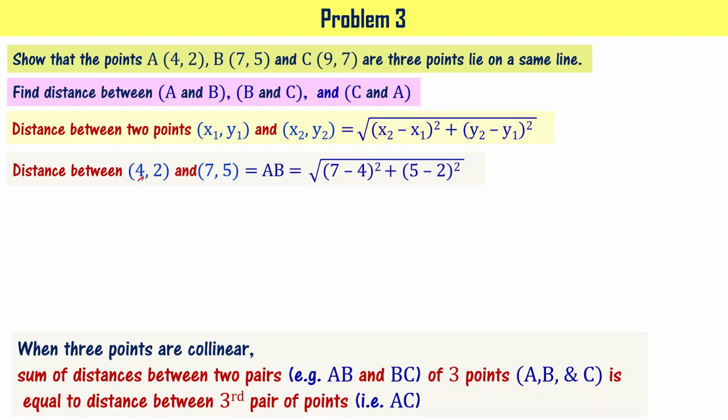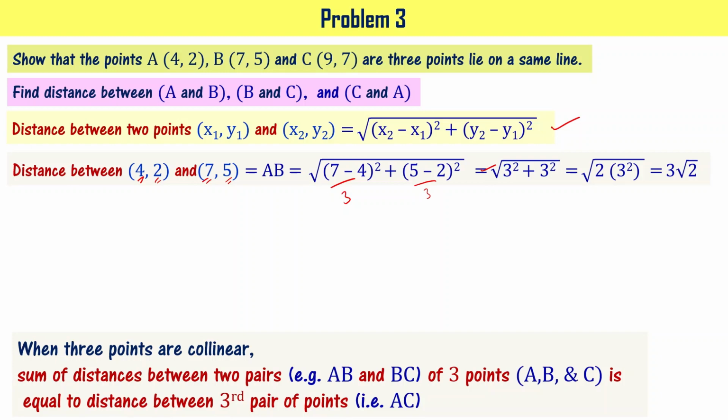This is x1, this is y1, this is x2, this is y2. When you substitute and simplify, you get 3 and 3.